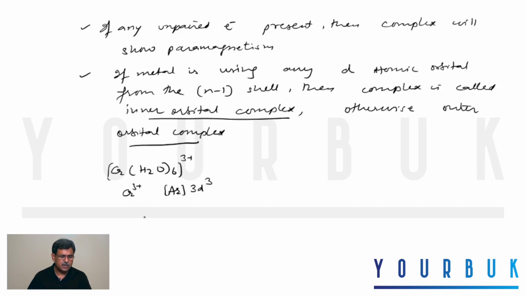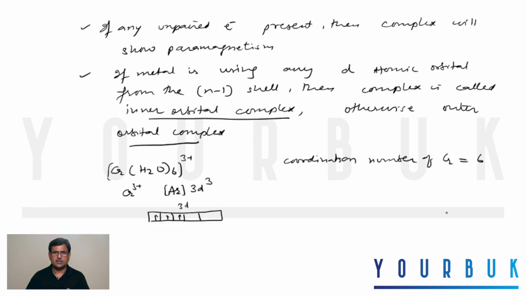Then we draw the box diagram. Chromium 3+ has 3 unpaired electrons in the 3d subshell, and the coordination number of chromium in this complex is 6. Whenever the coordination number is 6, the geometry is octahedral.